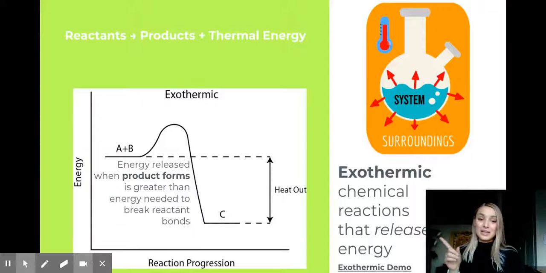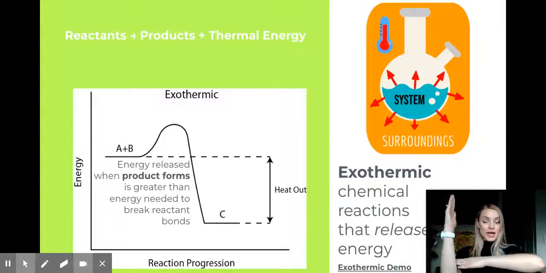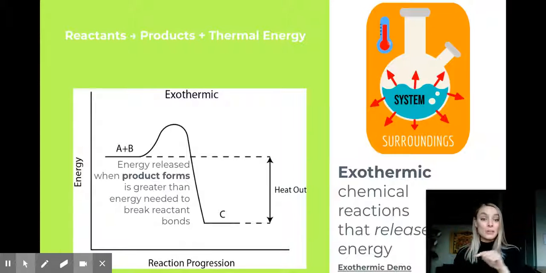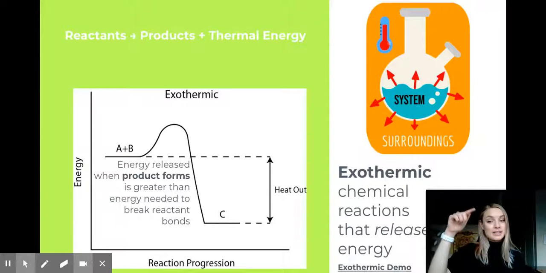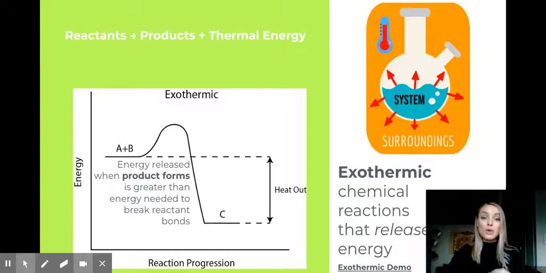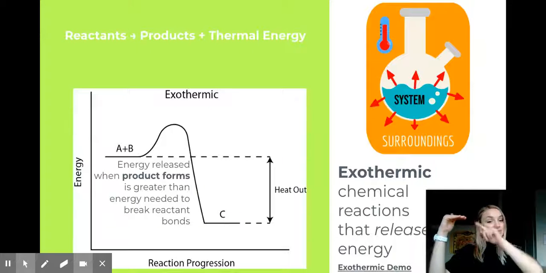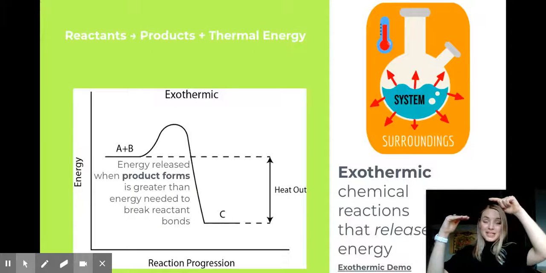And again, if we take a peek at that energy graph, we're looking at energy and reaction progress. As time is going by, as that reaction is happening, the energy of our products is lower than the energy of our reactants. So we start here with our reactants A plus B, and sometimes we might need a little bit more energy to get started.